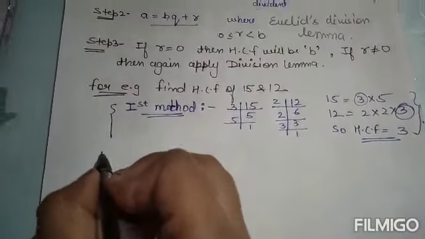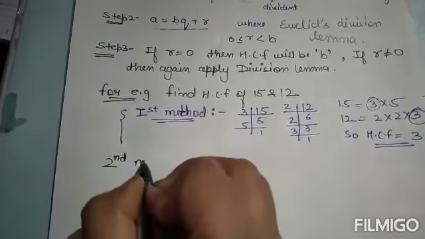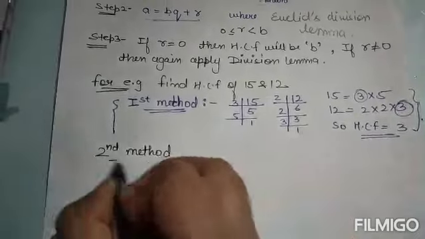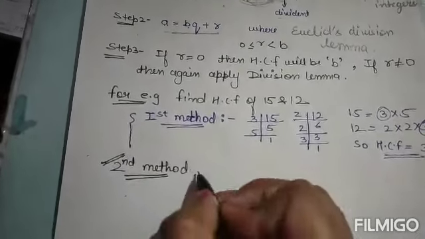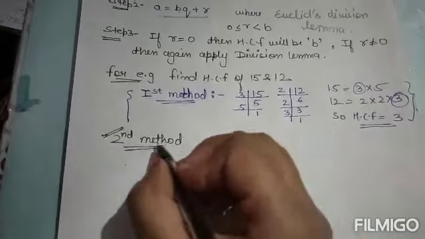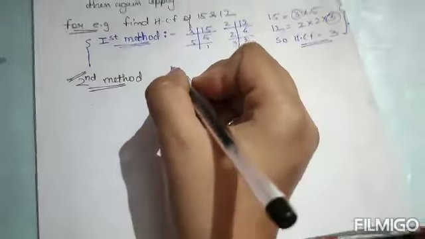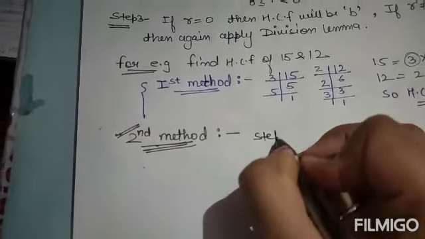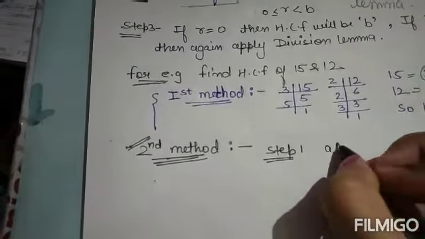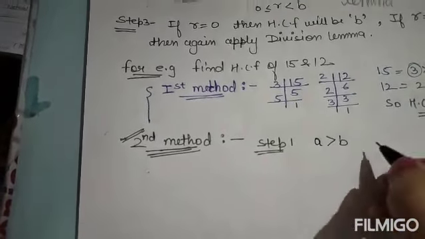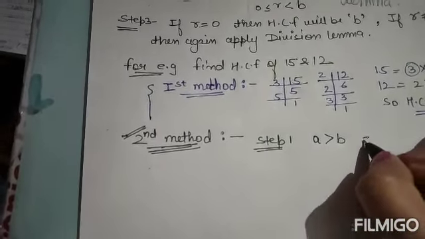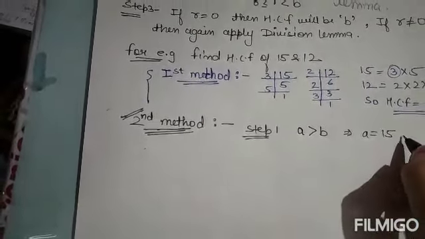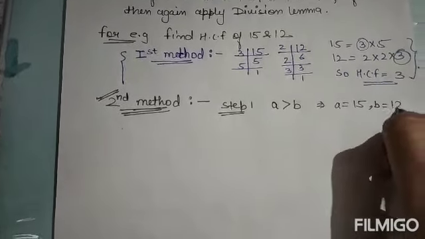Now we will do it with the second method, which we are going to use in our further exercises also. Very important. By Euclid's division lemma. So step 1. Firstly, you have to check which is A and which is B. Look here. A is 15 because 15 is greater than 12 and B is 12.